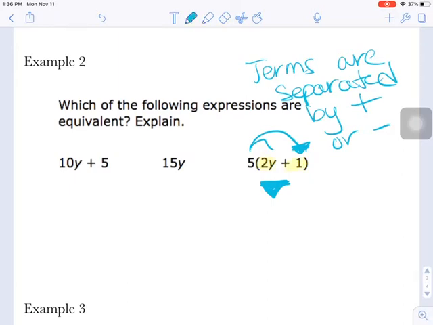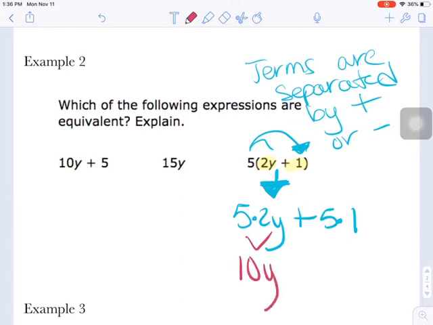So we're multiplying 5 by every term inside the parentheses. We have 5 times 2y, keep the addition sign, and then 5 times 1. So 5 times 2 is 10, so we have 10y plus 5 times 1, which is 5.